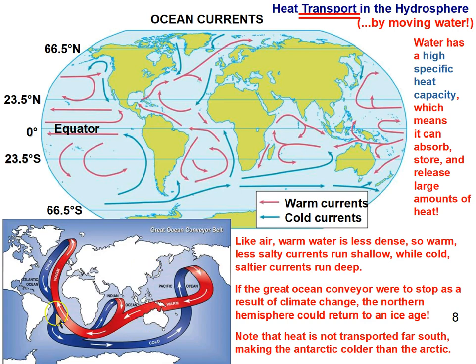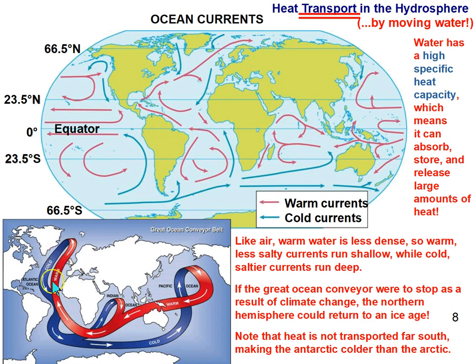So, for example, if we mess up this system that's conveying heat from the equator northward, it may throw the planet into another ice age, which is actually the basis for the science fiction movie The Day After Tomorrow. If you've ever seen that movie, that's the basis for that movie, that climate change has shut down the Great Ocean Conveyor.